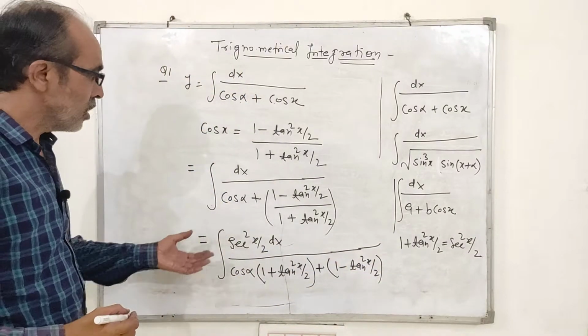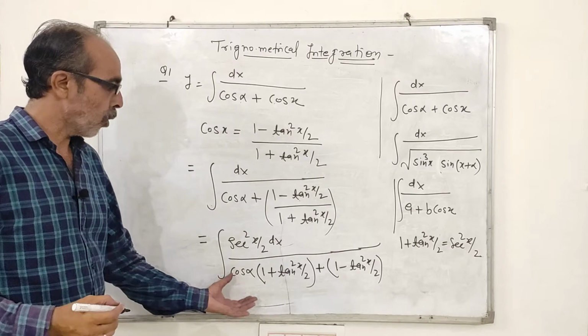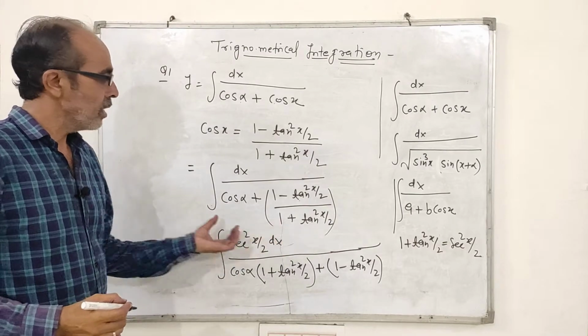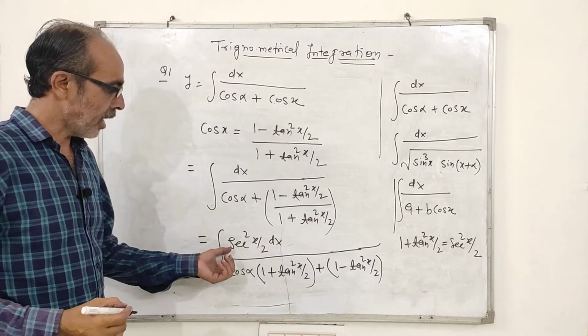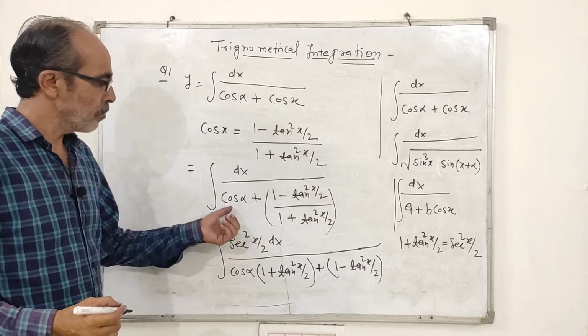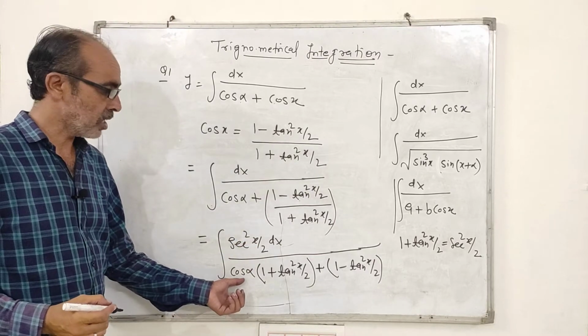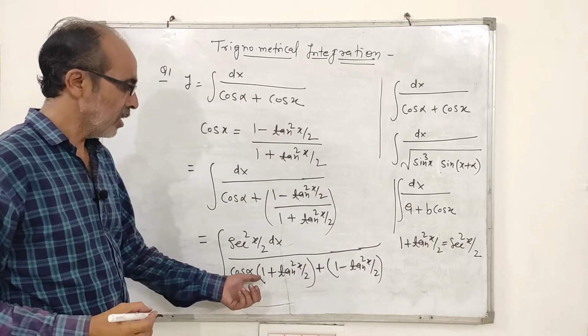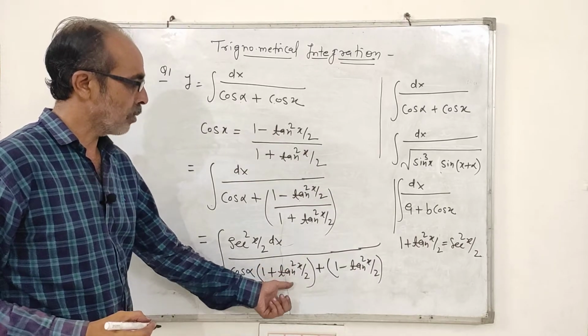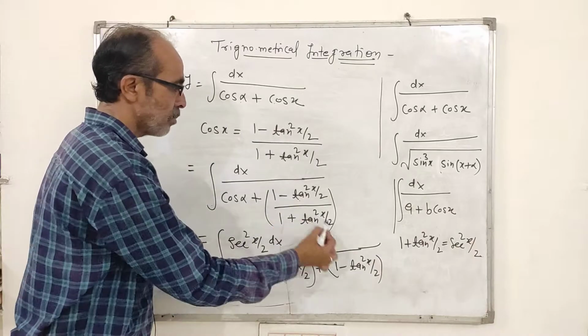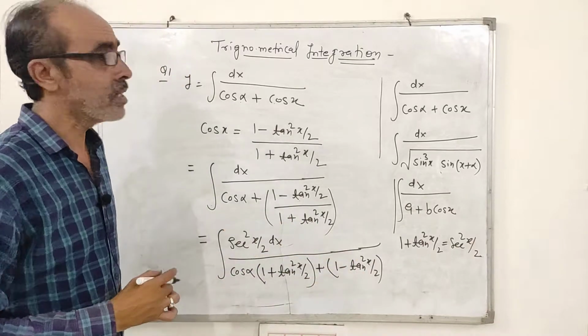After taking the LCM, the integral is written in this form. The 1 plus tan square shifts to the numerator as sec square x by 2, and cos alpha is a constant where x is the variable. So 1 plus tan square x by 2 and plus 1 minus tan square x by 2 are the same.